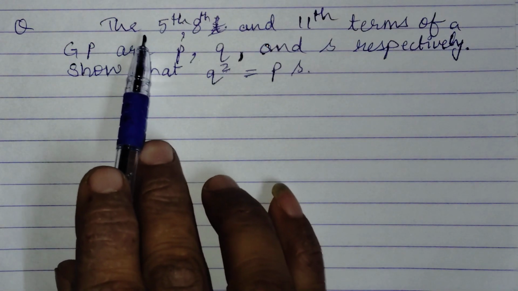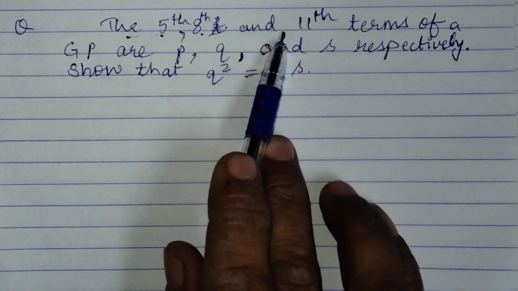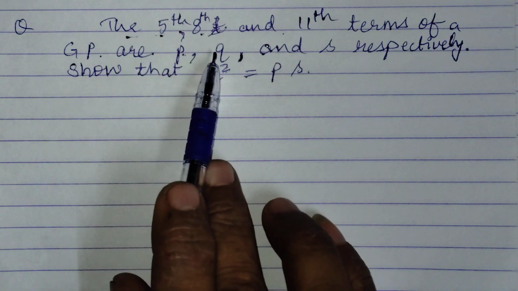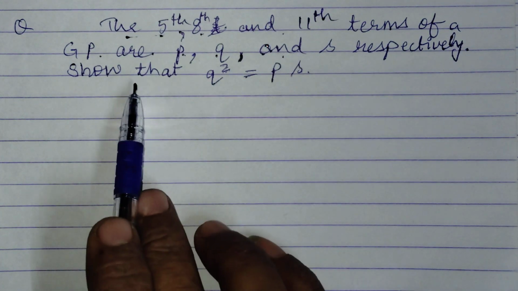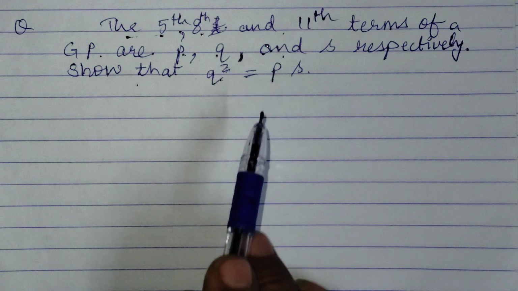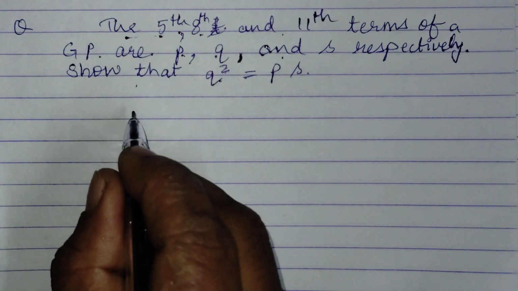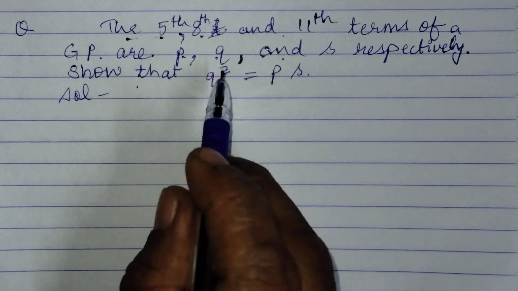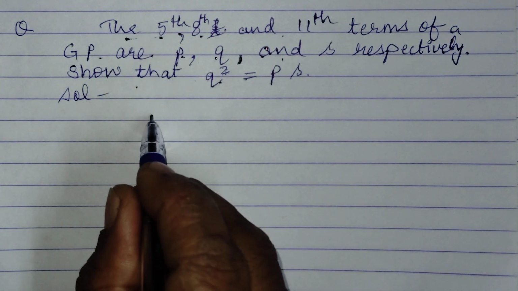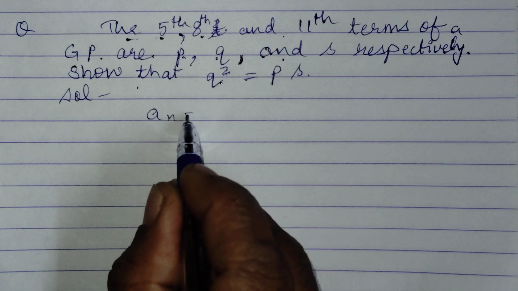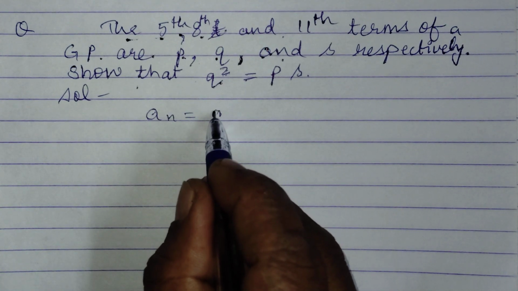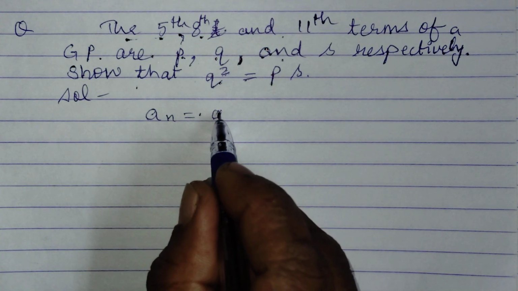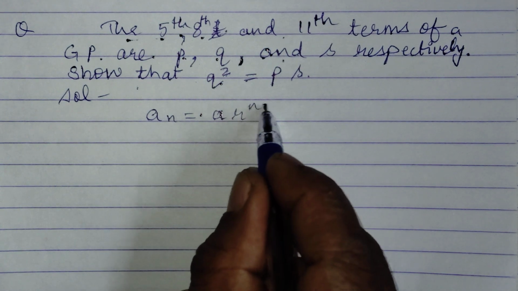Our next question is: the 5th term, 8th term and 11th term of a GP are P, Q and S respectively. Show that Q square equals PS. So in this we write the given. The 5th term is given as P. First we write the general formula: an equals a r power n minus 1.